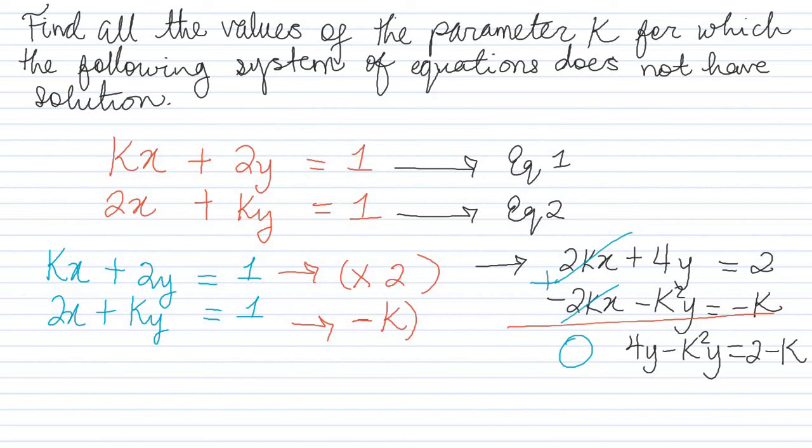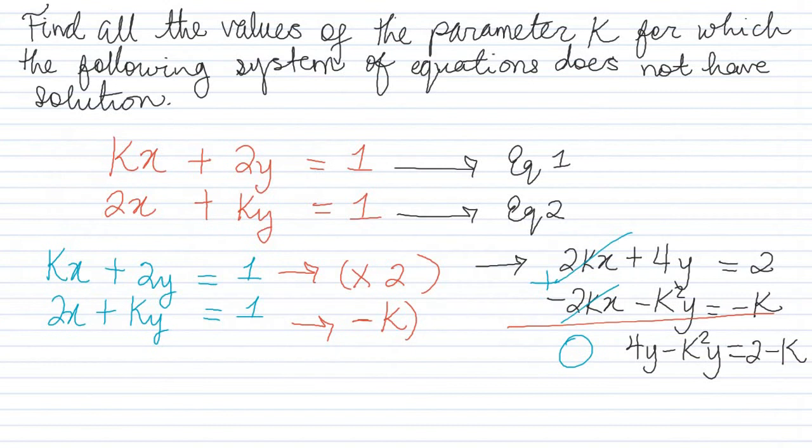So the next thing you can do now is, you have this equation 4y minus k squared y equals 2 minus k. What is something that we can factor on the left side?